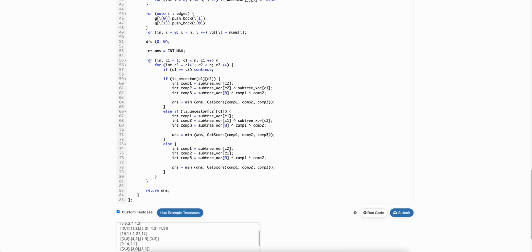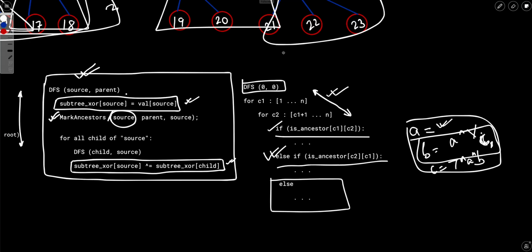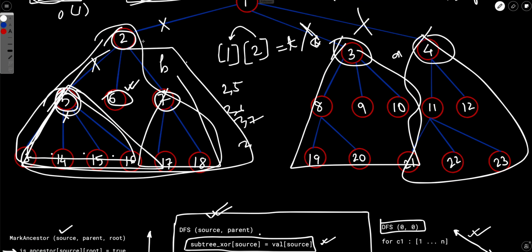And after that, as discussed, we will iterate over the entire node one by one and check whether A is ancestor of B or not. If yes, the first component will contain the subtree XOR. Basically we are saying, is C2 ancestor of C1? Sorry, C1 is ancestor of C2. So C1 is the lower piece. So basically C1, which is 5, is ancestor of C2.